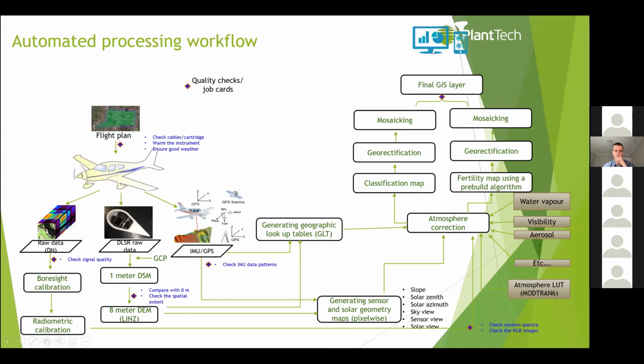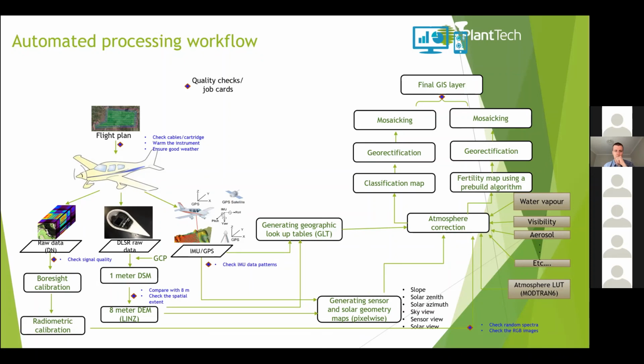Finally, you get one single reflectance GIS layer that goes to the database. We designed the hardware and software to process large volumes of data within a short time. And in the middle, we provide a lot of quality checks. What is the uncertainty at each level? At the radiometric level, what is the uncertainty? At atmospheric correction, what is the uncertainty level?